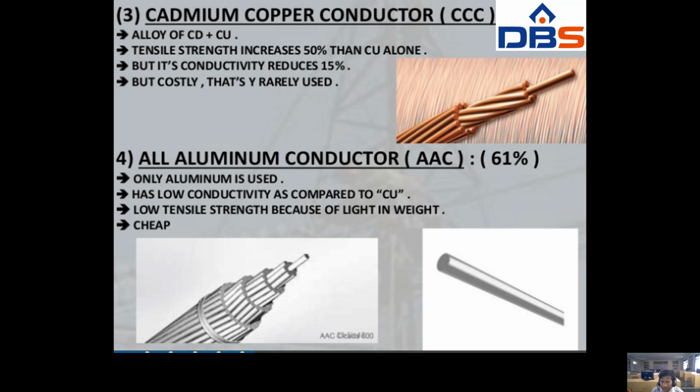Cadmium copper conductors, triple C. It is an alloy of cadmium and copper. Tensile strength increases 50% over copper alone. By using cadmium copper, the tensile strength increases more than copper, but the conductivity is reduced. Whereas copper has high conductivity and good tensile strength.